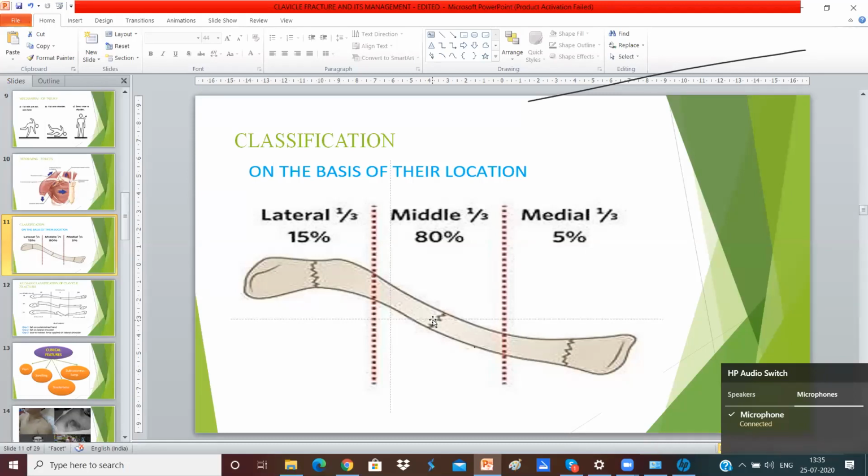It is seen in the thoracolumbar spine also, where there is a meeting point between the kyphosis and lordosis curvatures; in that junctional area, injuries are more common. The same thing is applicable here. Where two curvatures meet, there is a stress riser, an area where the stress is more, and that leads to common fractures. So the middle third is a common place to have fractures.